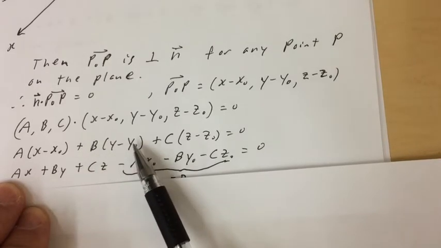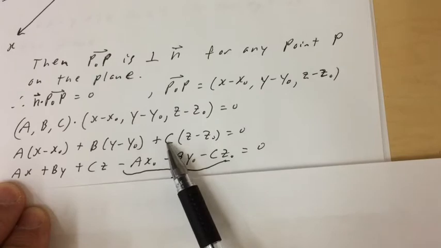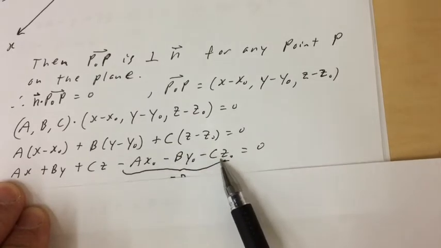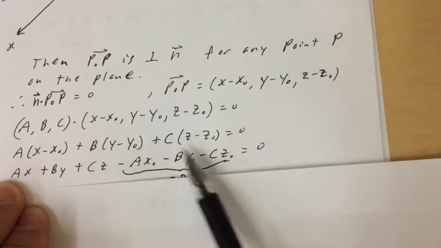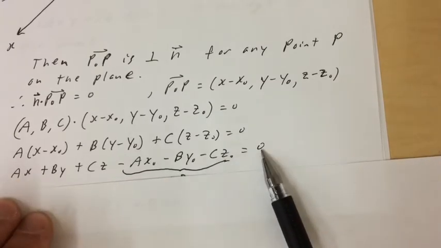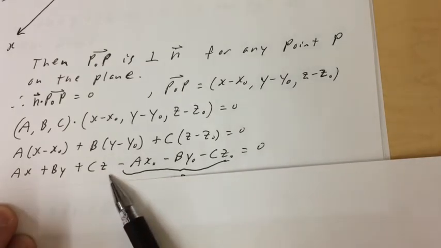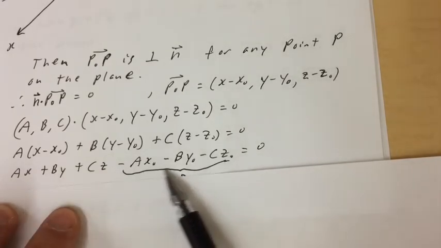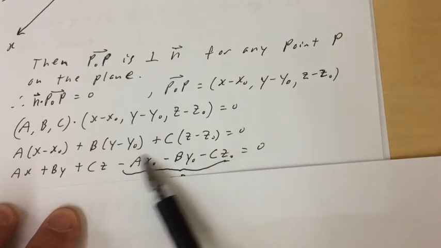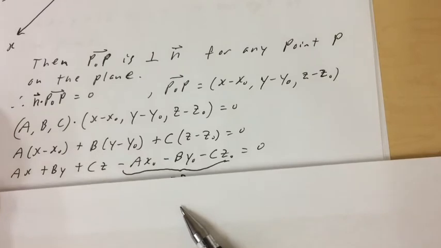BY minus BY naught, that's a constant value, so I'm putting that over there. CZ minus CZ naught, so CZ is here and CZ naught is here. All that still equals 0. These are the variable terms, so I'm going to keep them over here. These are the constant terms, and because they're constants, when you multiply it all out, we're just going to let that equal some letter D.